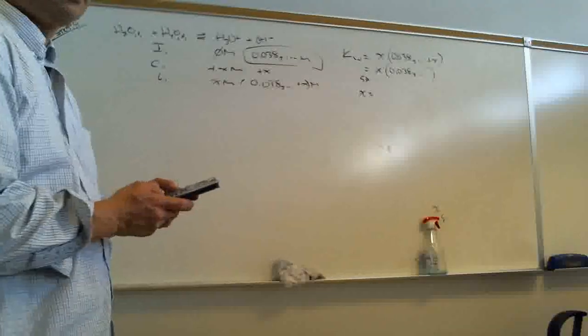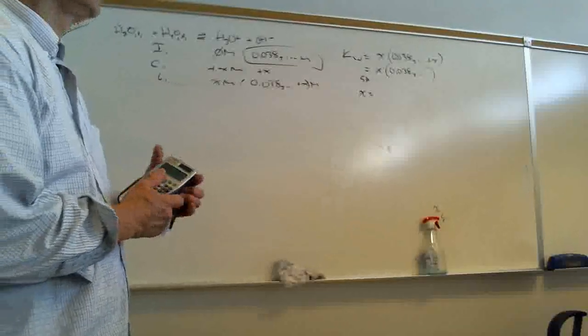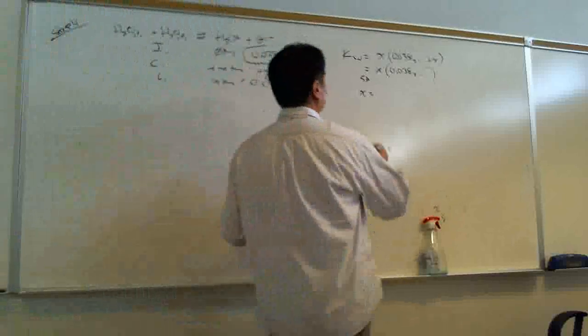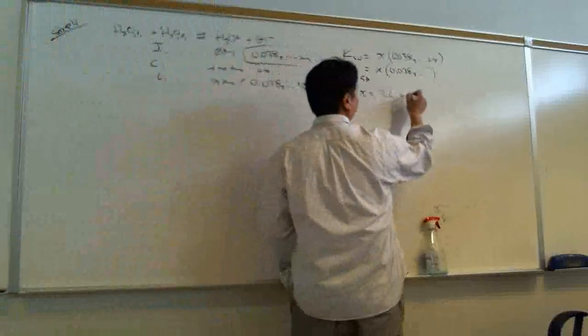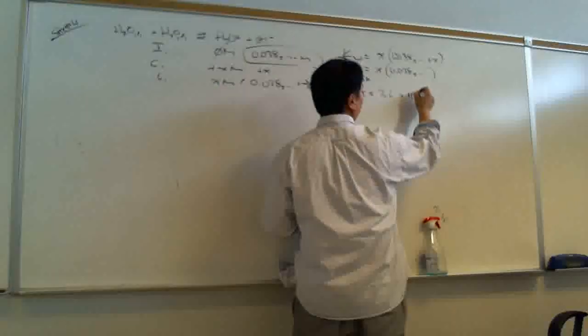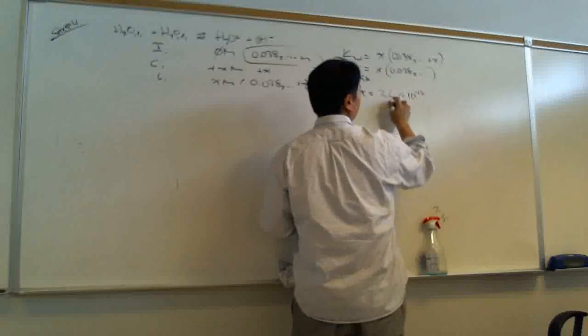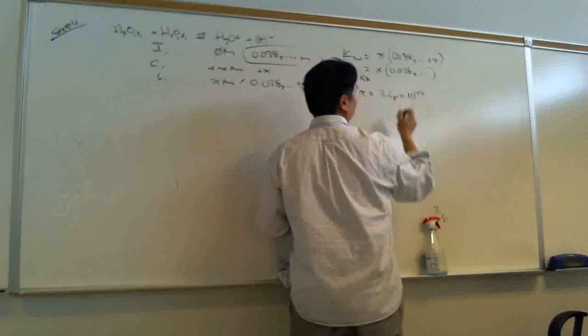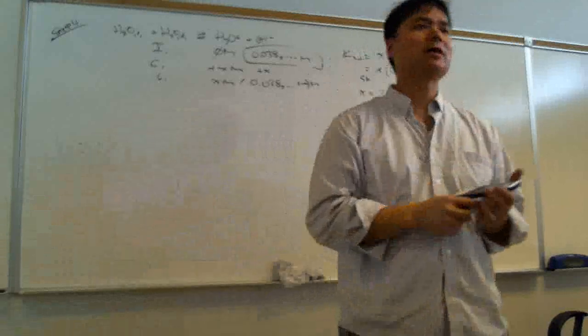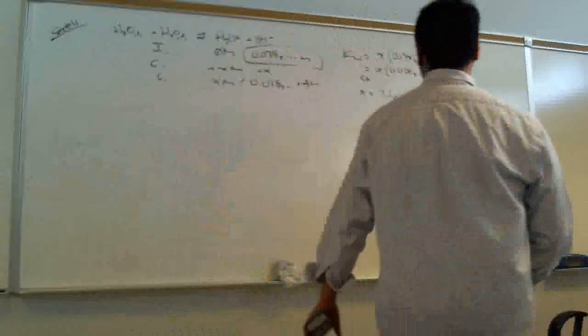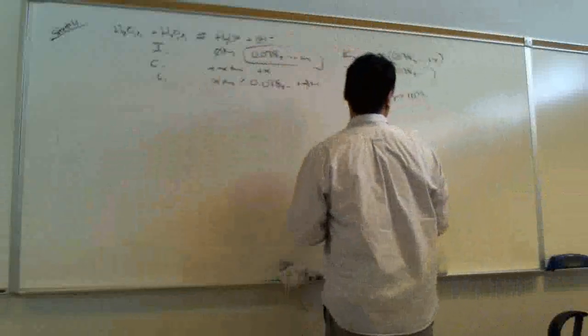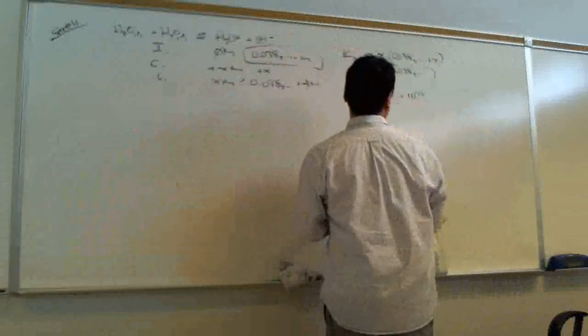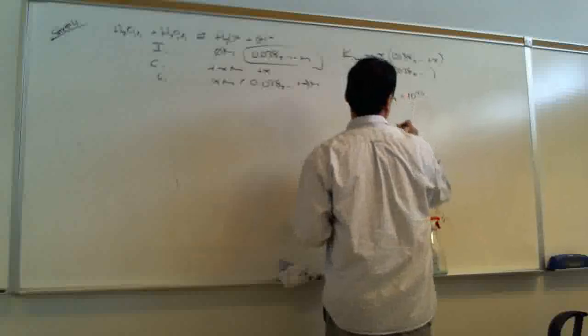What do you get? 3.6 times 10 to the negative 13. 3.65. Is that what you guys got? 2.6? 2.6 what? 2.61? Okay, it sounds like most people do that.